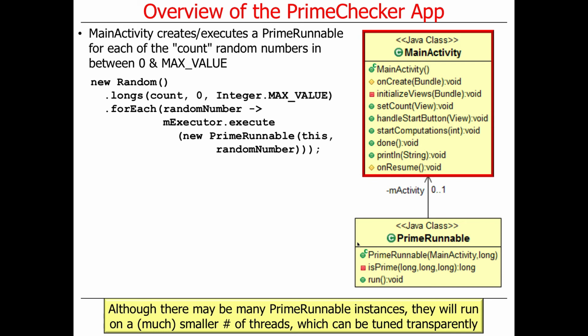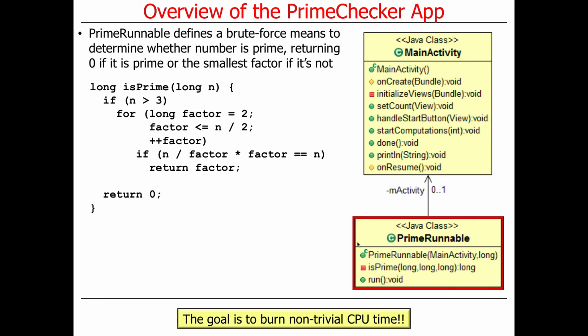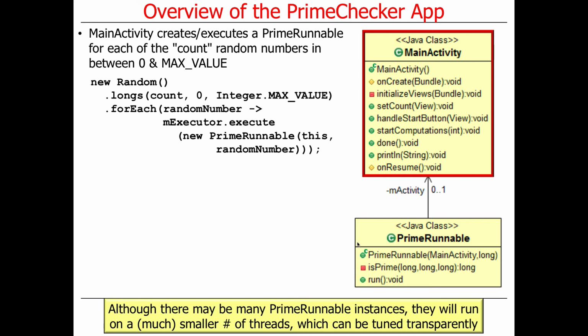There will be a new runnable for every one of those numbers, but there are only going to be m threads, where m is the number of cores. So you can see here we're bounding the number of threads we're using to a fixed amount, even though we may have lots of computations.